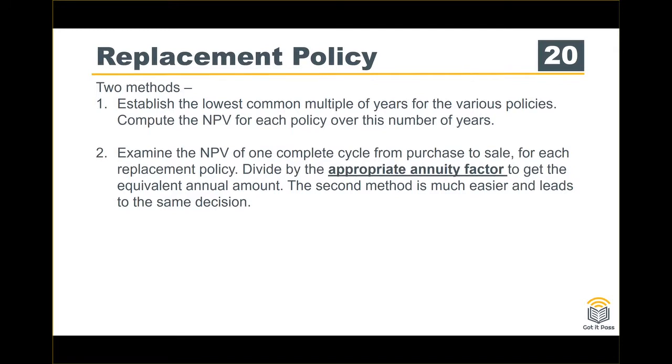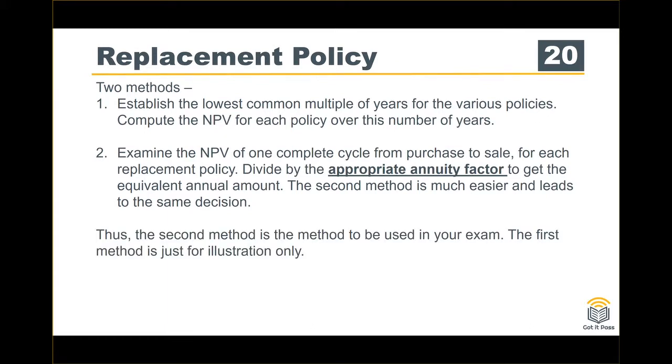Next is to examine the NPV of one complete cycle from purchase to sale for each replacement policy, divided by the appropriate annuity factor to get the equivalent annual amounts. The second method is much easier and leads to the same decision, so it is suggested to use the second method instead of the first method.